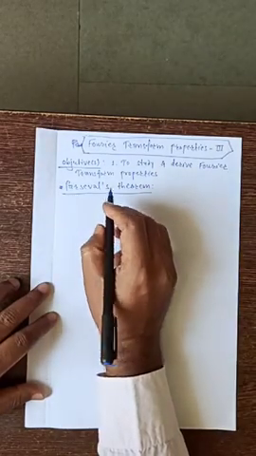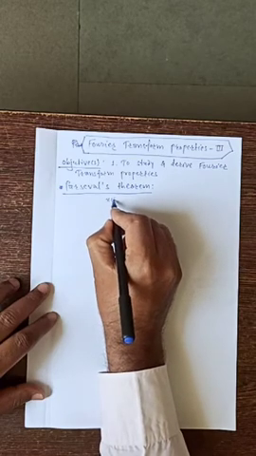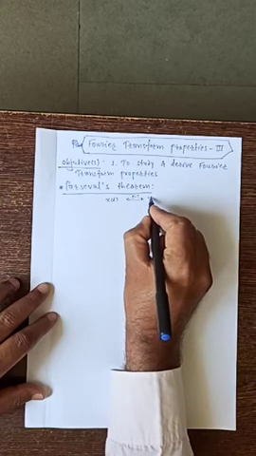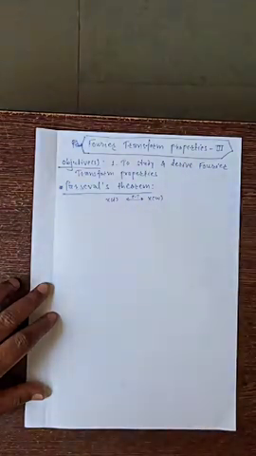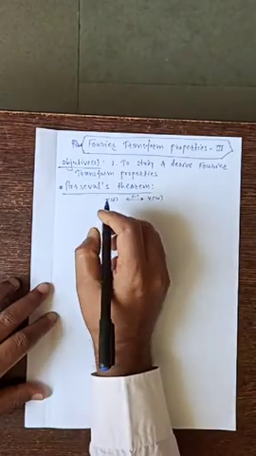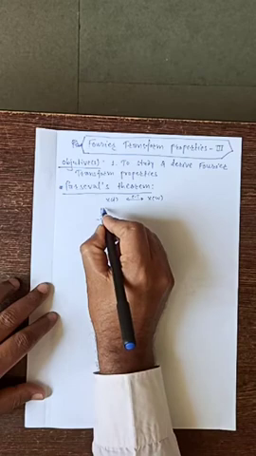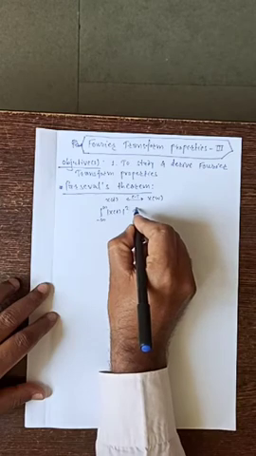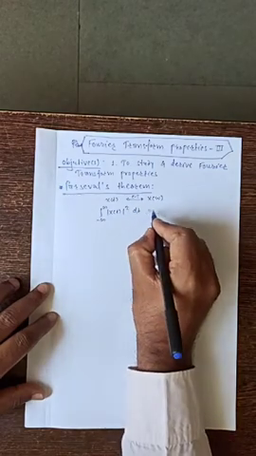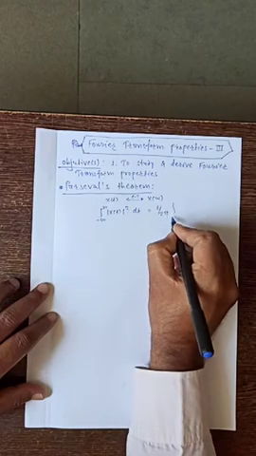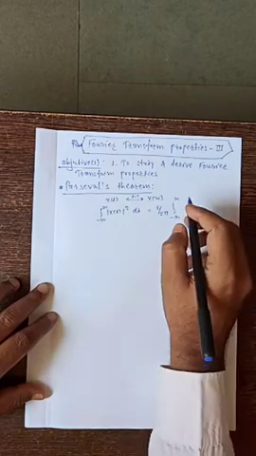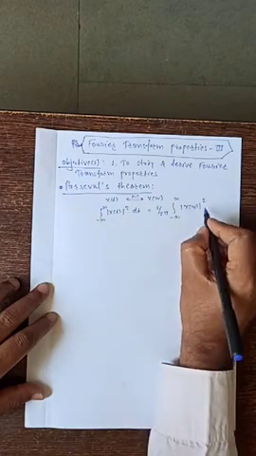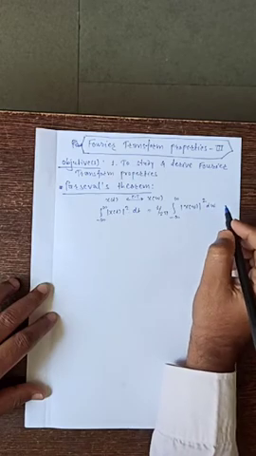So Parseval's theorem: x(t) is the signal. The Fourier transform of the signal is represented by X(omega). In the equation of the energy, integral from minus infinity to plus infinity of magnitude of x(t) squared dt is equal to 1 over 2 pi integration from minus infinity to plus infinity of magnitude of X(omega) squared d omega.